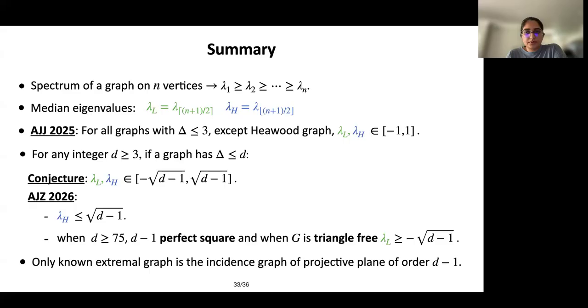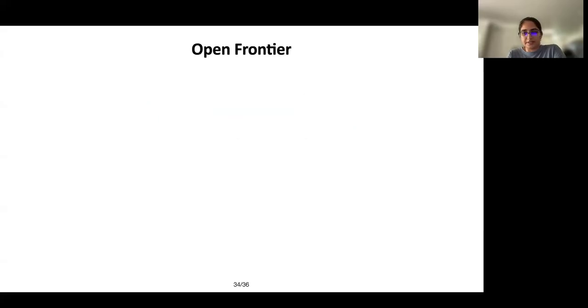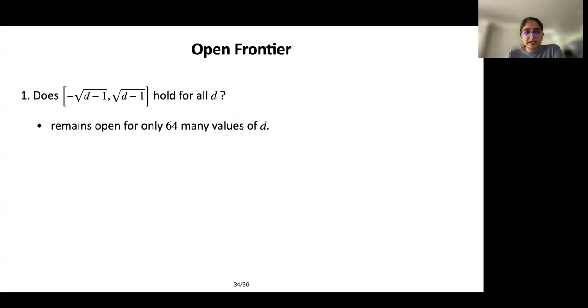So, moving to the open frontier, the open questions in this field. The first and most obvious is: can we show that this interval or the conjecture holds true for all d? Specifically, the 64 finite values of d remain open here, that is, those where d is less than 75 and those where d minus 1 is not a perfect square.